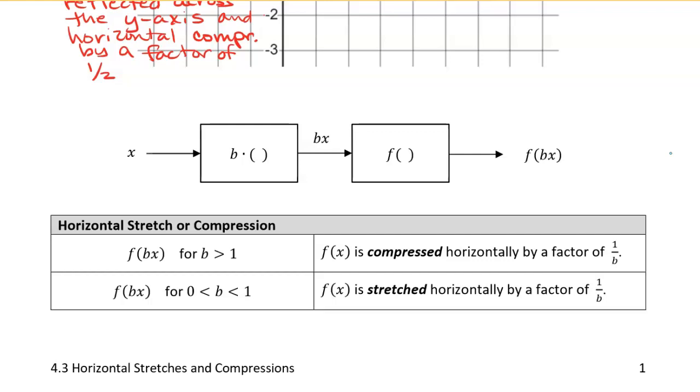If b is between 0 and 1, then it's stretched by a factor of 1/b. A number between 0 and 1 is like 1/2 or 1/3. So we take 1/b. So if b is 1/3, then we get a horizontal stretch by a factor of 3.